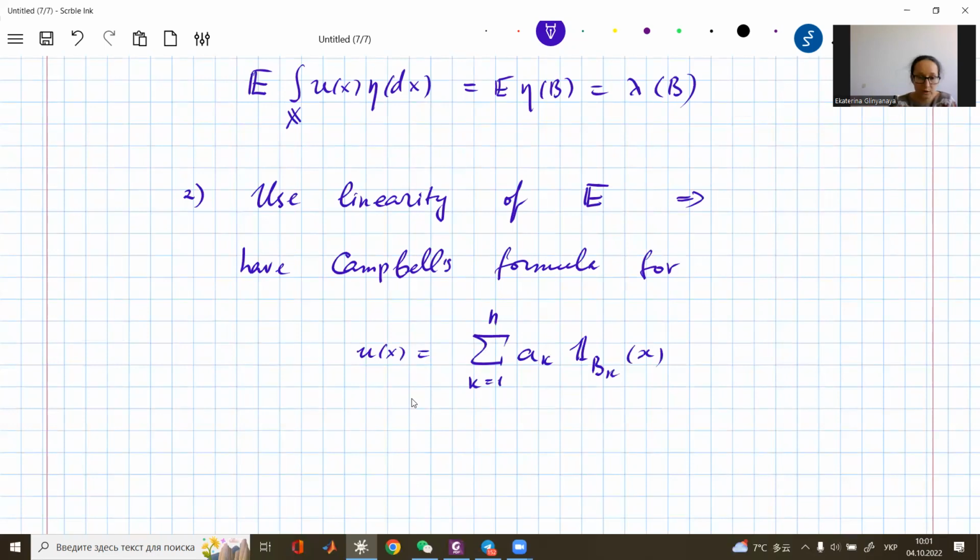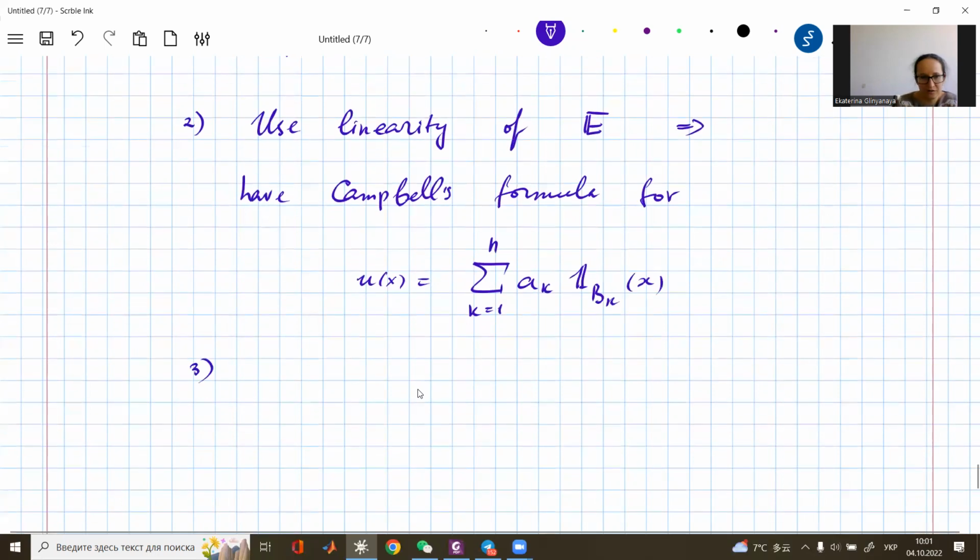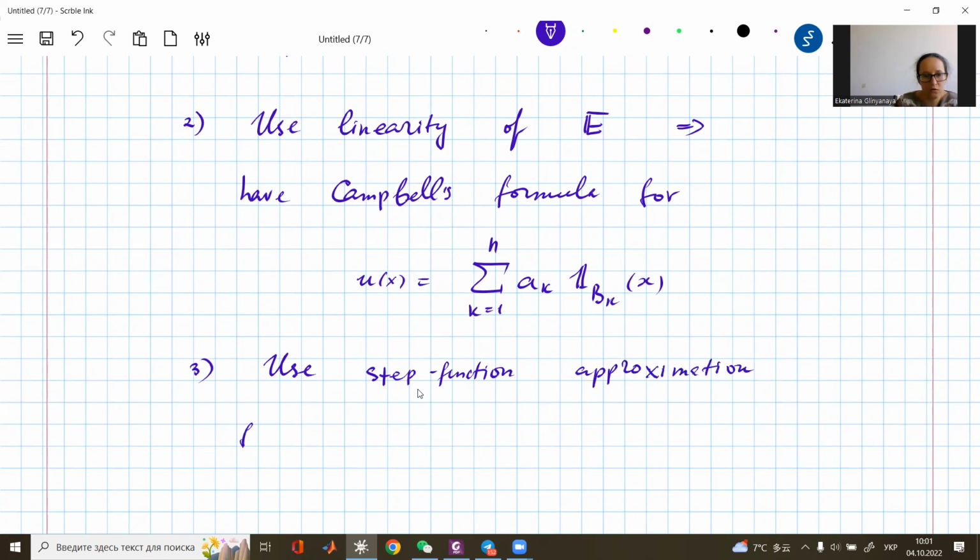And the third step, we use approximation. We use step function approximation for non-negative u.